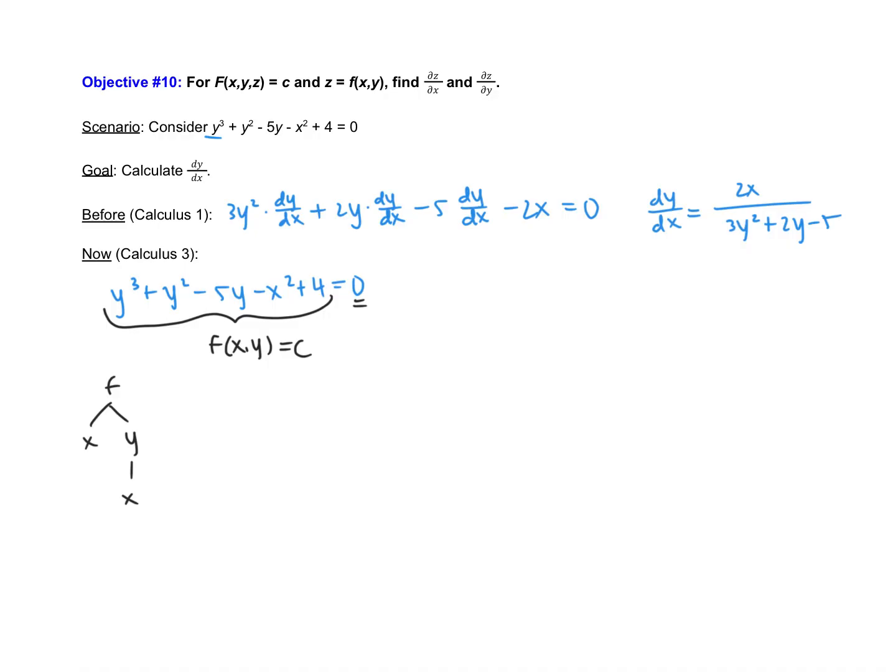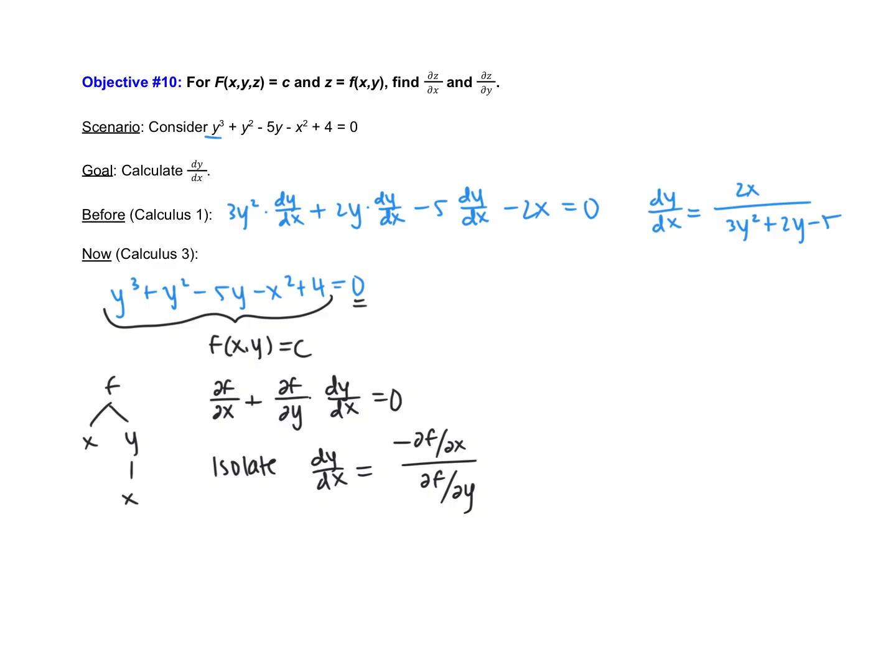So using our chain rule, if I want to find dy dx, I'm going to take the partial of f with respect to x, and then the partial of f with respect to y, and y with respect to x. So then, if I isolate dy dx, I get the negative partial of f with respect to x over the partial of f with respect to y.